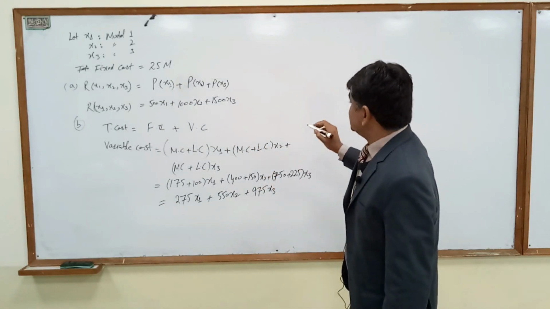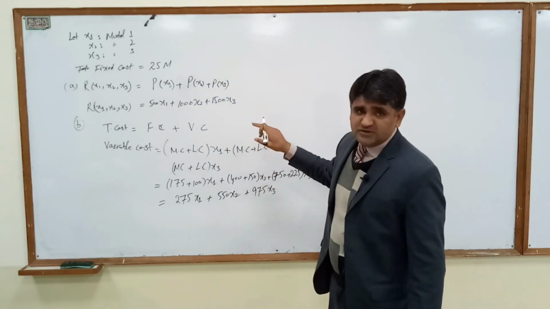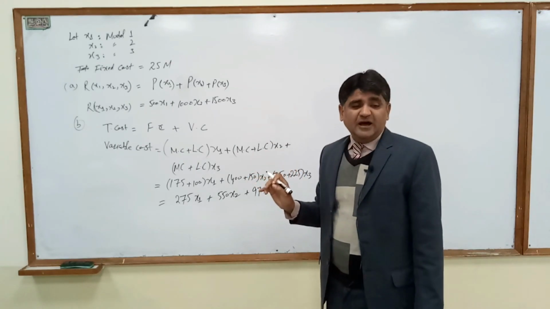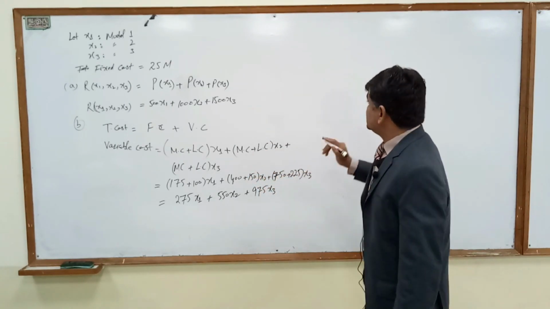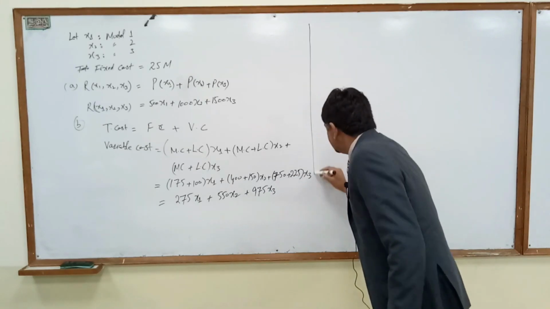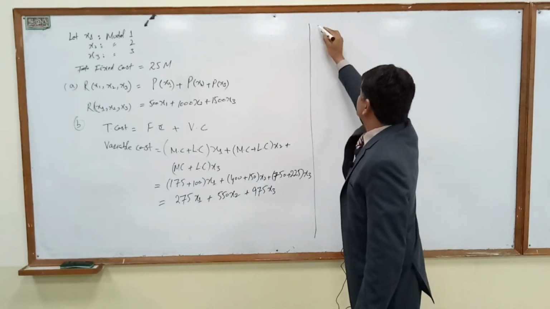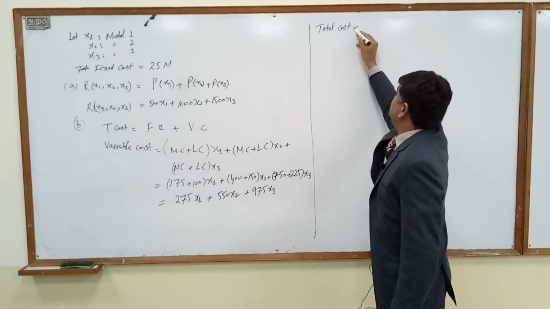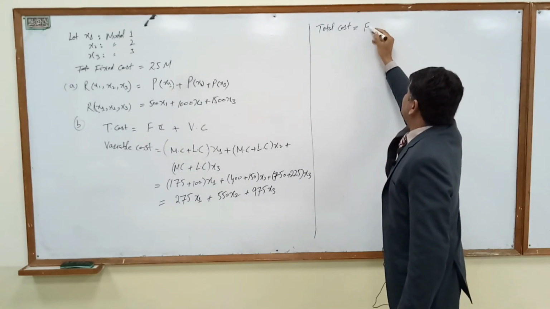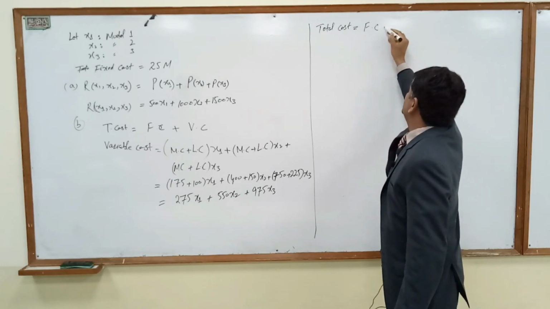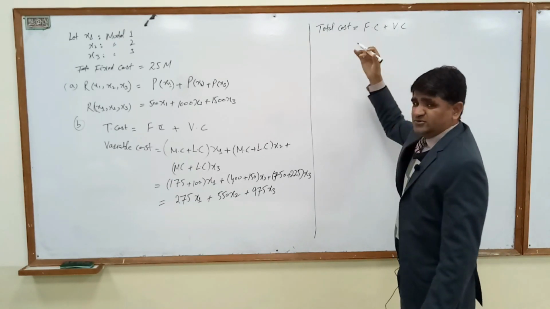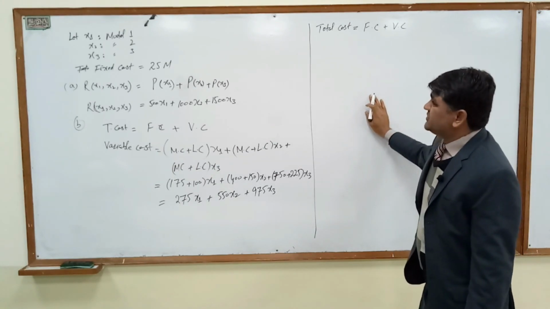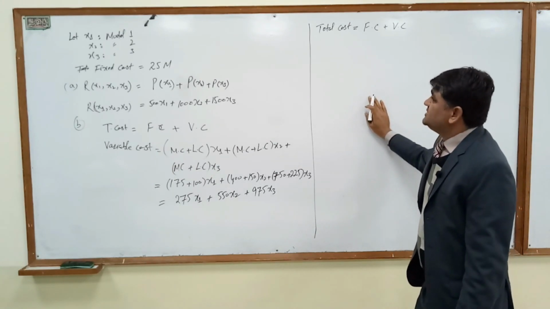So it's the variable cost, but we have to determine the total cost of these three models. Total manufacturing cost is a combination of fixed cost plus variable cost, or you can write variable cost plus fixed cost. It's up to you, whatever you want you can write.